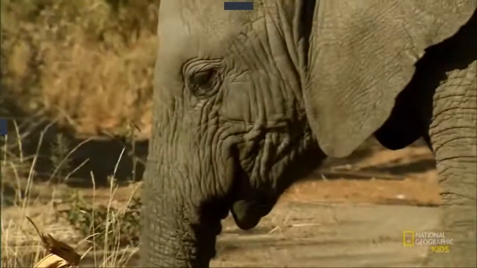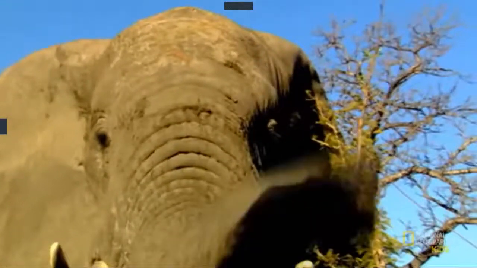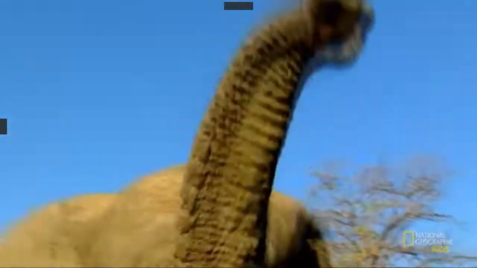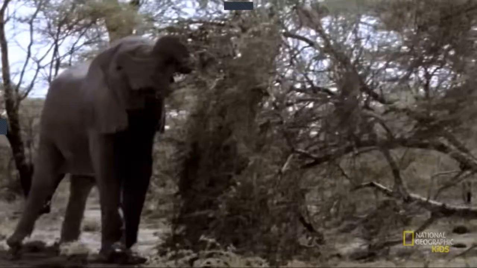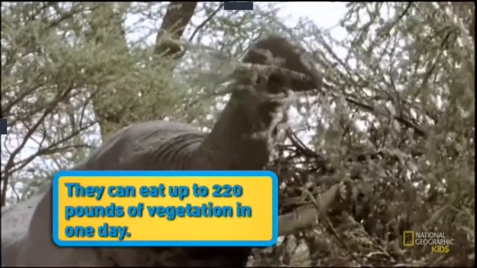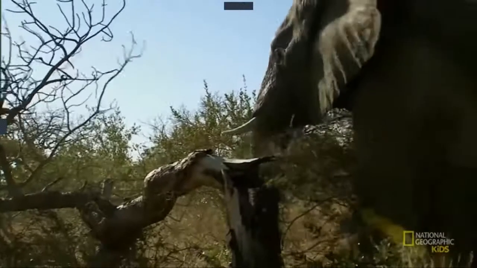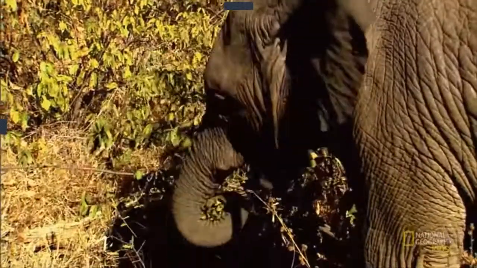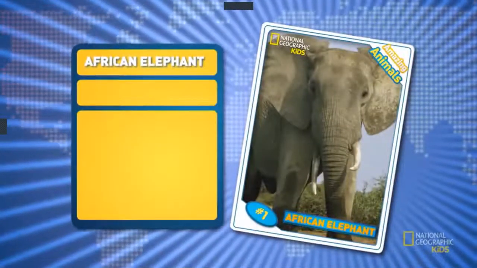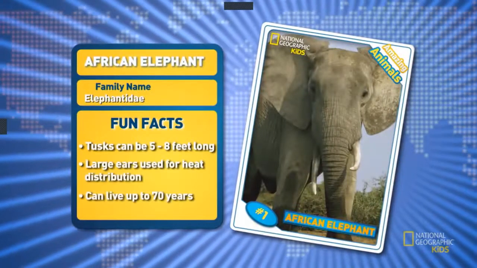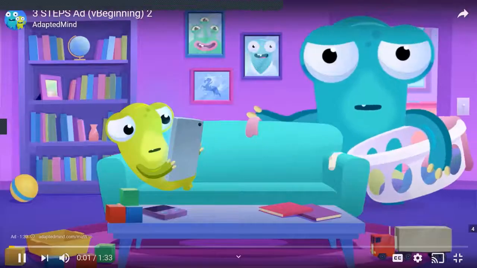Hello? Is this thing on? Yes, thank you, and... Whoa! Mine's gone out of control! Switch it off! Switch it off! Oh dear. The African elephant is the largest living animal on land. They can eat up to 220 pounds of vegetation per day. Oh, very mature, Peter, very mature. That was my favourite tree. Whatever. Where's the off switch? Where's the off switch? Ah, the lovely African elephant. You surely are one amazing animal. We get it. You don't.